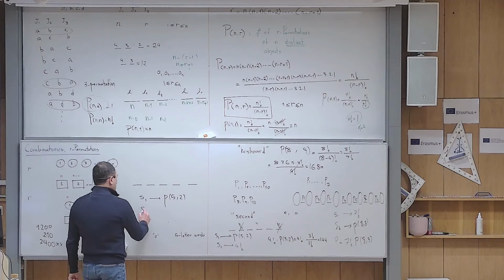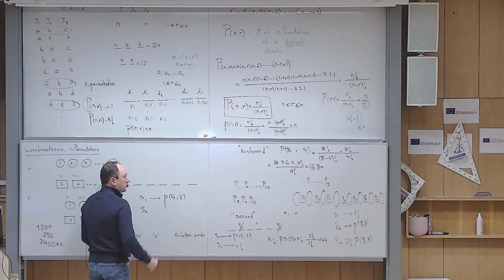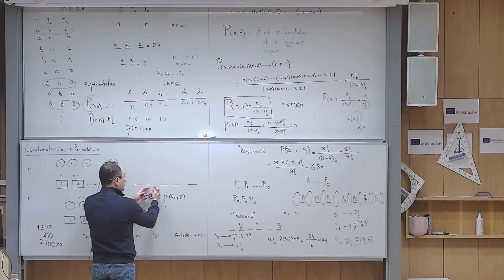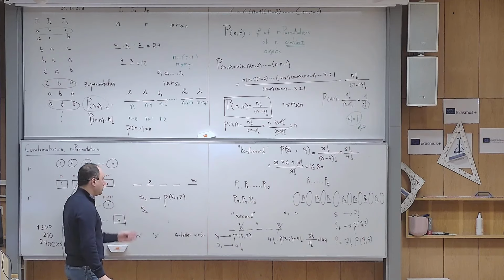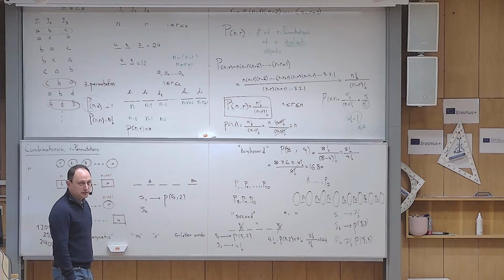Okay, what is a stage 2? Let us say that the stage 1 is done. What is the meaning of a stage 1 is done? It means that I decided to choose 2 of these, for example, this one and that one, and I also decided to put, for example, A here and there. And now I want to arrange something else. What is that something else?